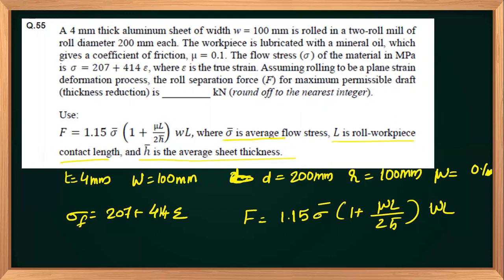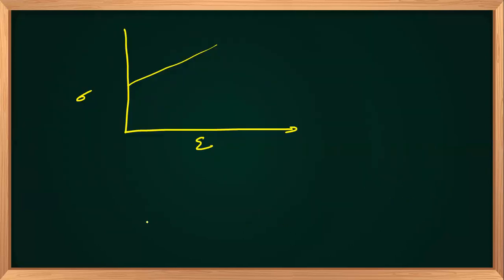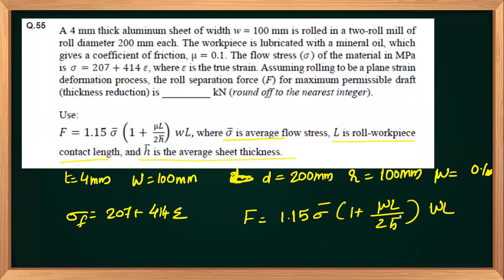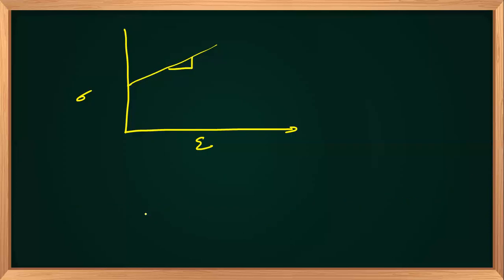With the strain, it is not like our flow stress curve KT, it's not a power law of strain hardening. It is not obeying that. So it's like a linear strain hardening, right? So the slope will be there and the intercept will be there. What will be the intercept? This is the flow equation, sigma equal to 207 plus 414 epsilon.